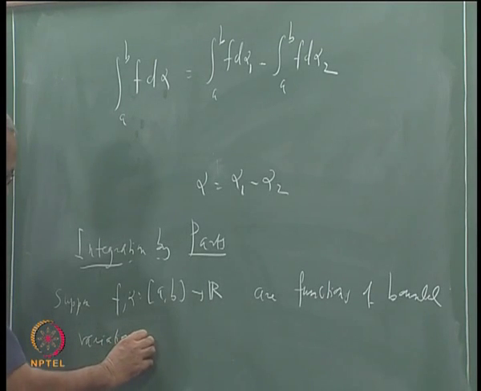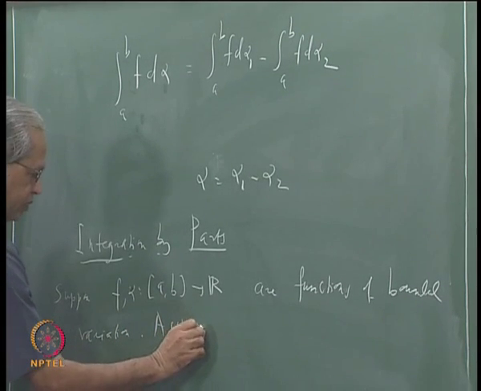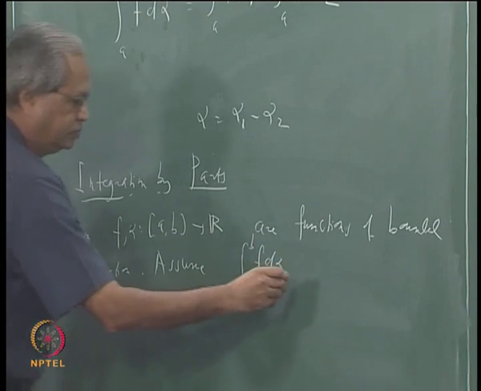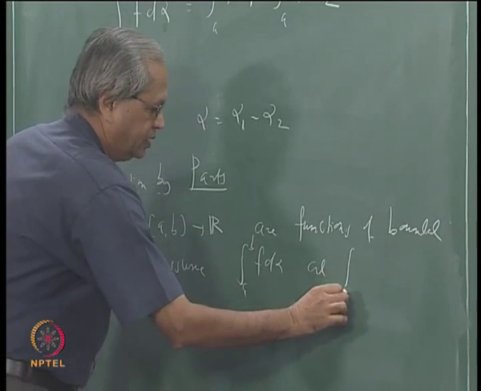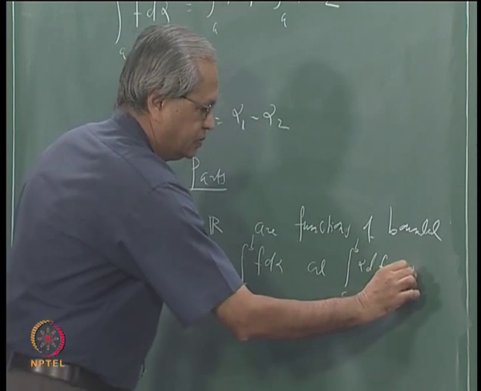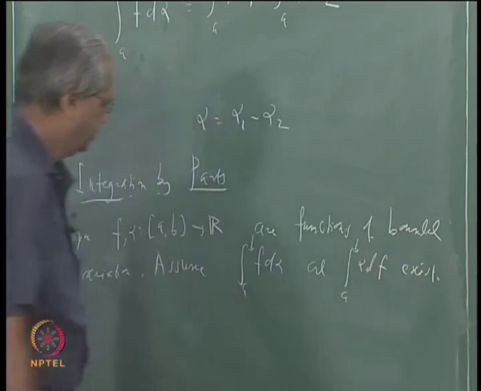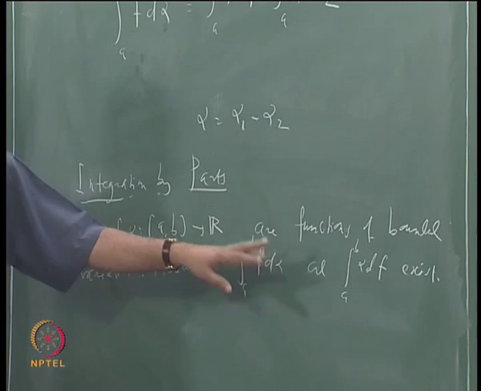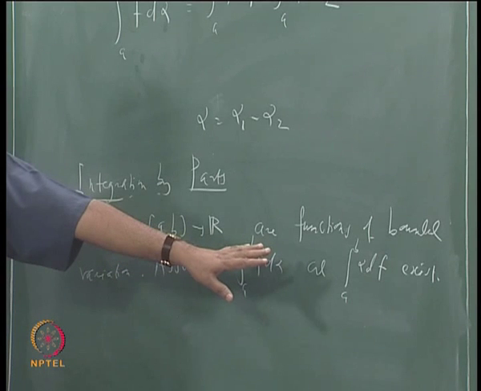Further assume that integral a to b f d alpha and integral a to b alpha df exist. That means f is Riemann Stieltjes integrable with respect to alpha and alpha is Riemann Stieltjes integrable with respect to f.